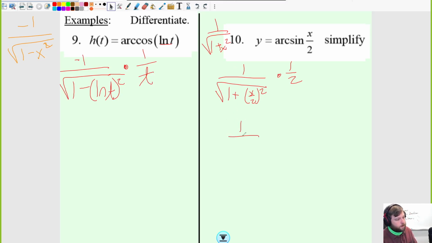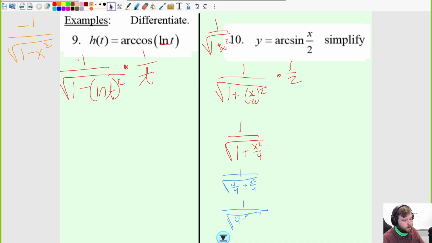So this is 1 over the square root of 1 plus x squared over 4. And what we do is we don't want fractions in fractions. So I'm going to rewrite that, ignoring the 1/2 for now. I'm going to change this 1 to 4 over 4. So it's 1 over square root of 4 over 4 plus x squared over 4, which you combine into 1 over square root of (4 plus x squared) over 4.